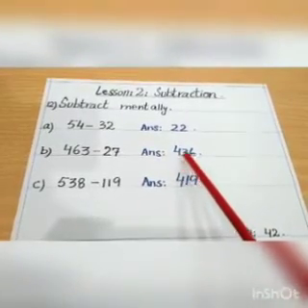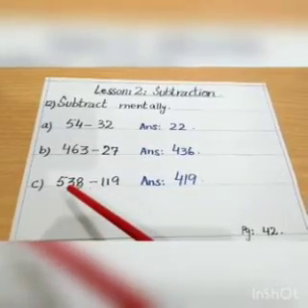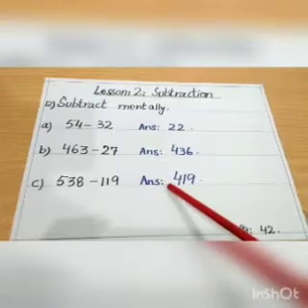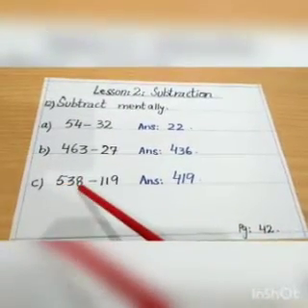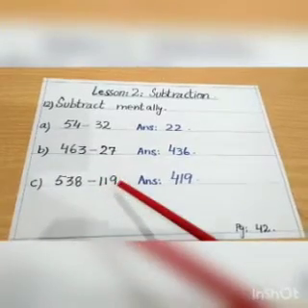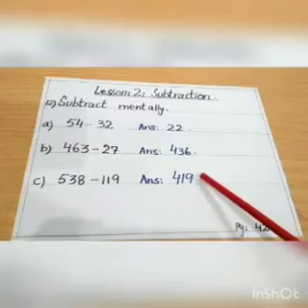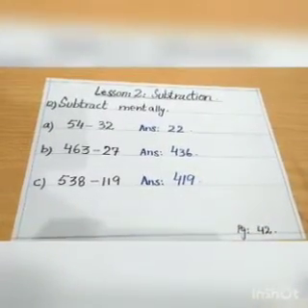Part C, 538 minus 119 is equal to 419. Okay, class, you have to write it in your notebooks.